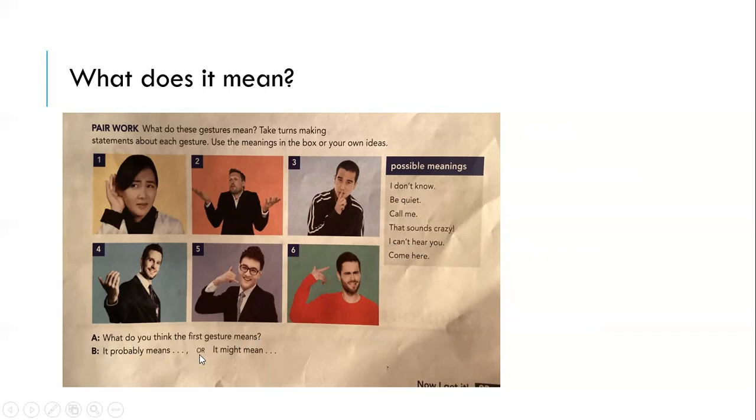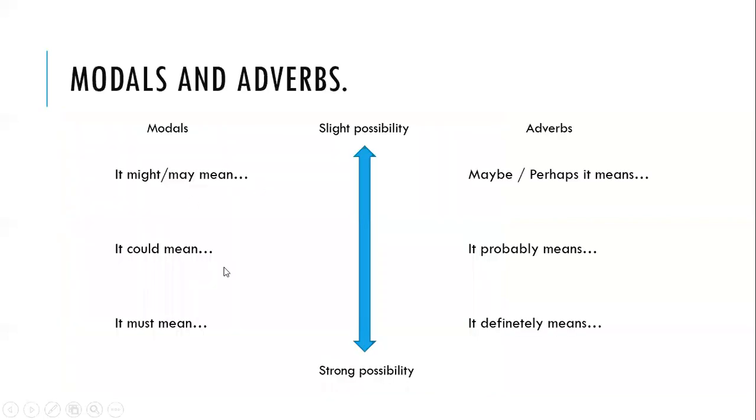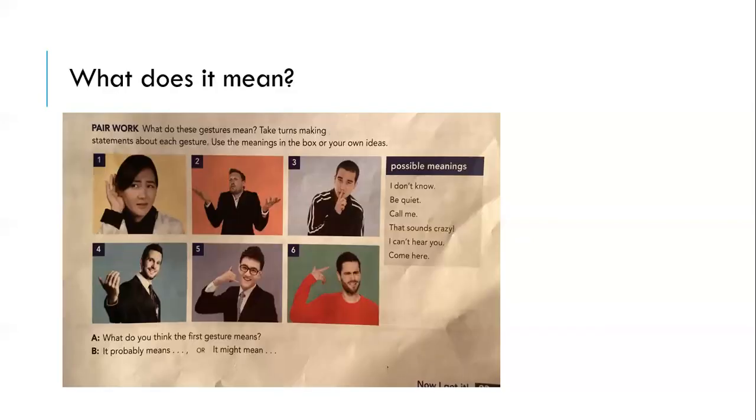Or, expressed in another form using a modal, we can say it might mean I can't hear you. I don't know why they are working with a 50% probability, but we're going to use that. We're going to use the modal could, or the adverb probably.